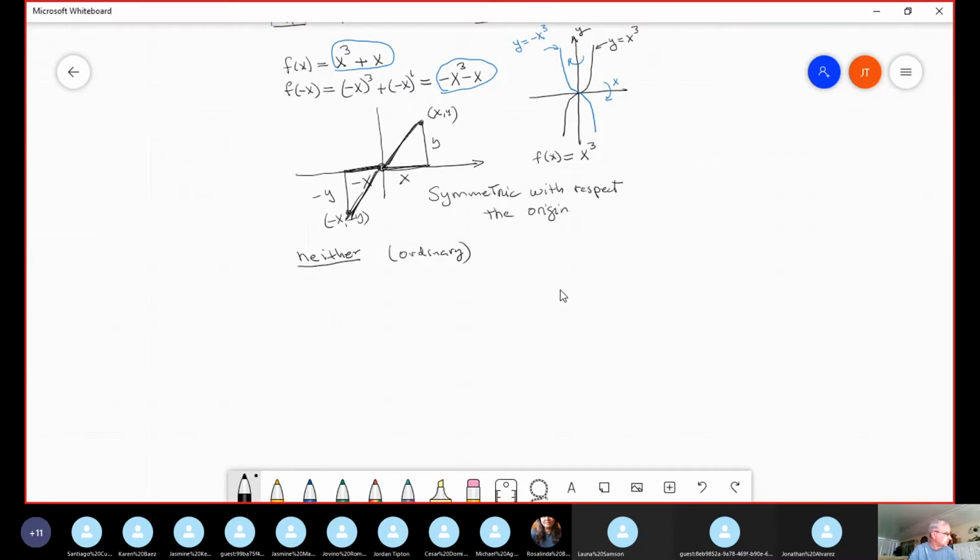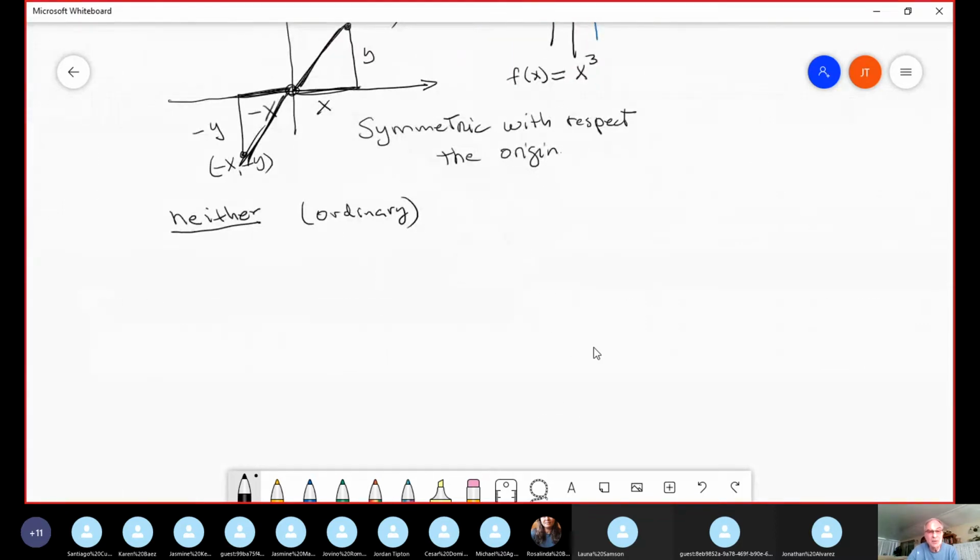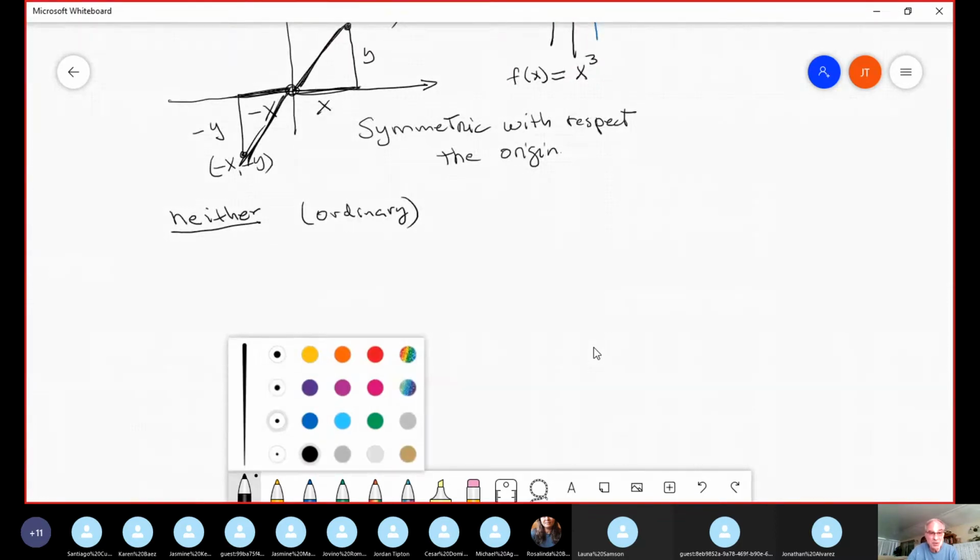What do you think about this? I have no idea, no? Suppose three examples. And you let me know. So this is a typical question in the test. Determine algebraically whether the given functions are even, odd, or neither.